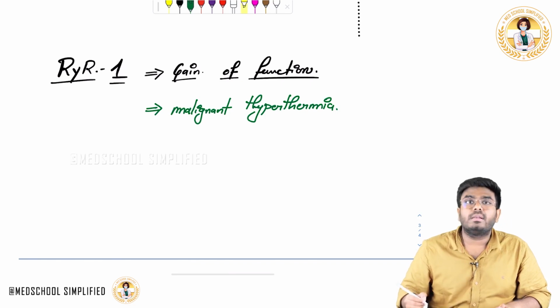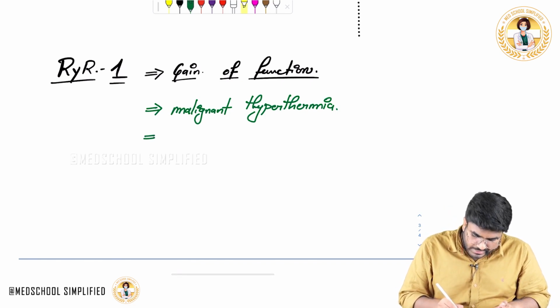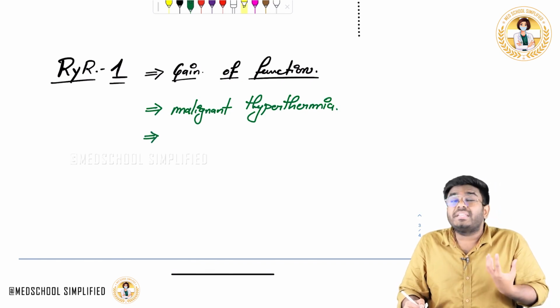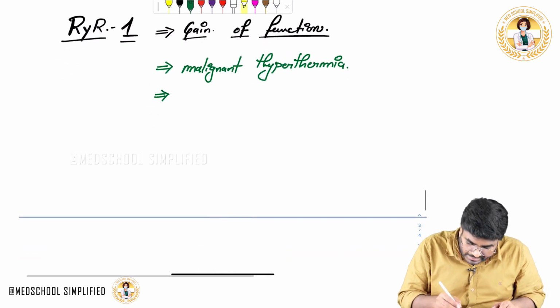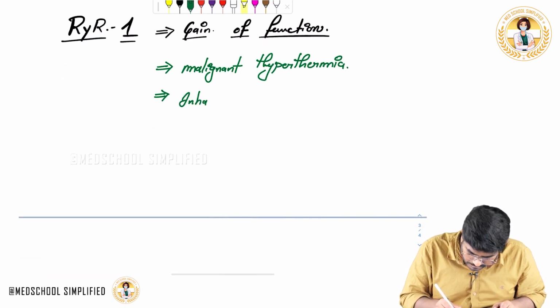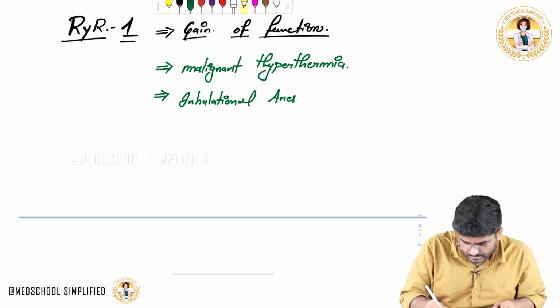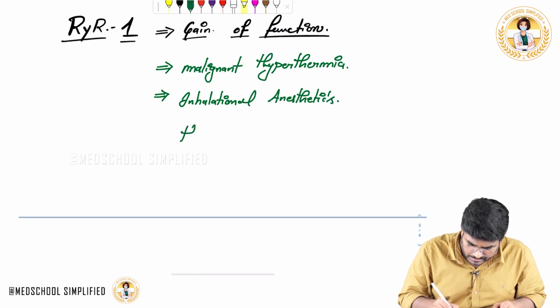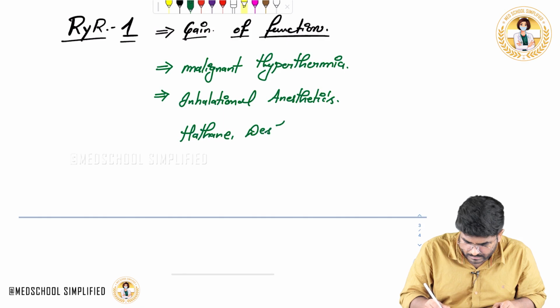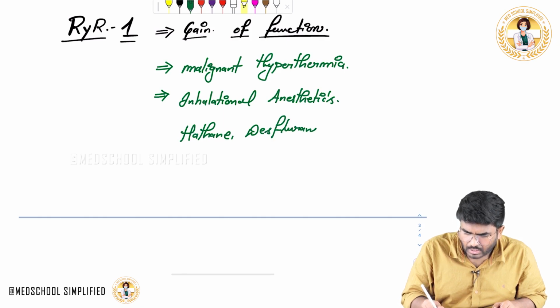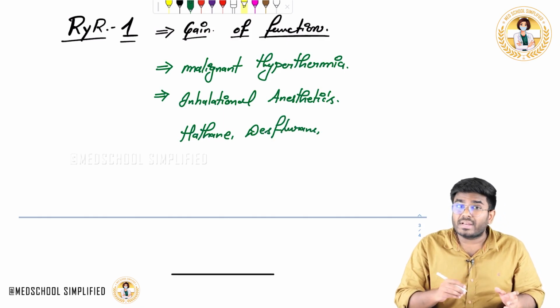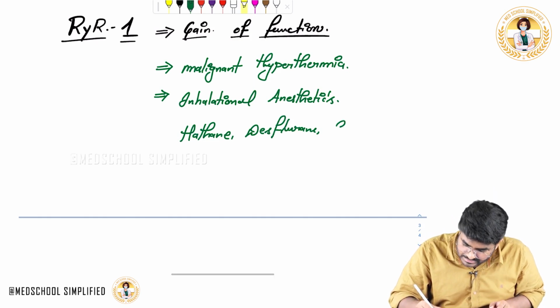Usually this malignant hyperthermia is going to be precipitated by inhalational anesthetics like halothane, desflurane, or certain depolarizing muscle relaxants like succinylcholine.